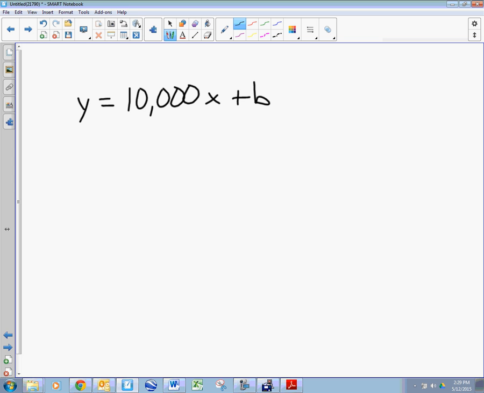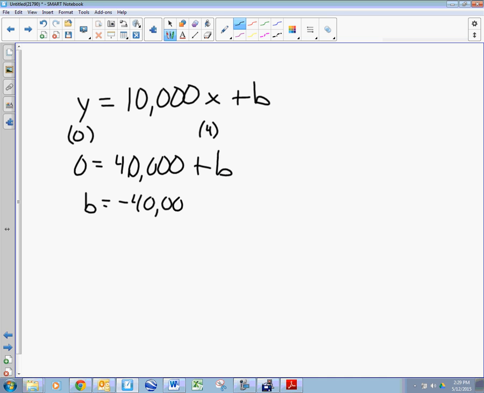And what do you want the x-intercept to be? You want the x-intercept to be 4, so we're going to draw a vertical line through 4. We'll choose x to be 4, and y would then be 0. Correct? So 0 equals 40,000 plus b. So what is b going to be? -40,000. So when I would draw vertical lines, I used to do it like this, if I had to have a function. That's what I would do.